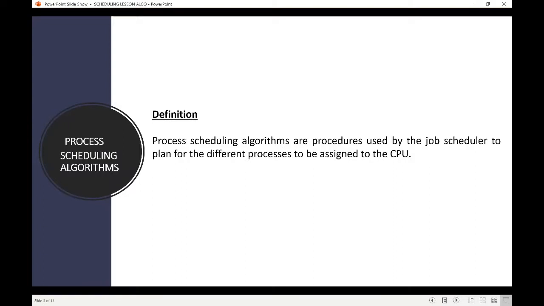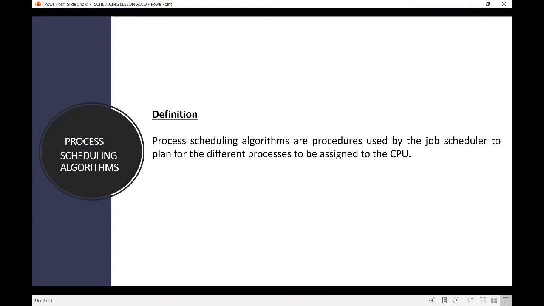Remember, we defined the job scheduler as an operating system program which selects from the pool of processes which process is going to the CPU for execution. So the scheduler will check in the ready queue the list of the processes available, then decide which process goes next to the CPU for the execution.